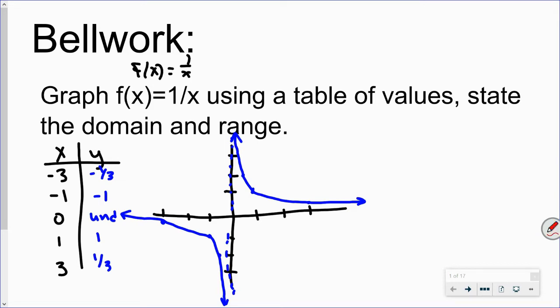If we want to look at domain and range, the domain, what x can be, is anything except 0: -infinity to 0, union 0 to infinity. The range, looking at the y values, is also anything except 0.